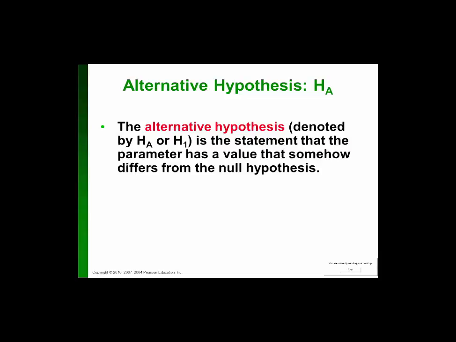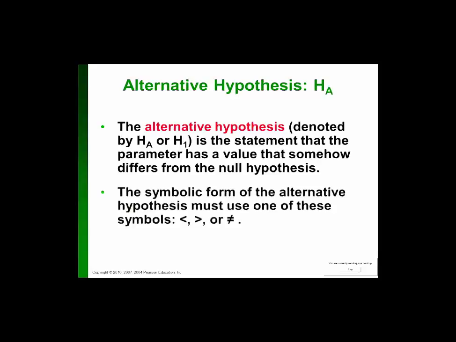It's the statement that the parameter has a value that somehow differs from what you state in the null hypothesis. If your null hypothesis is P equals 0.5, then your alternative hypothesis may be P is greater than 0.5, or P is less than 0.5, or just P is not equal to 0.5. But the alternative hypothesis is never going to just be equal. It's going to be less than, greater than, or not equal to, which is what the next little bullet says.